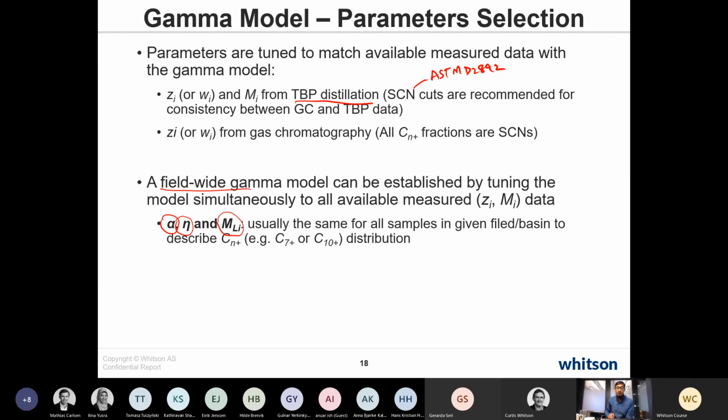So if you have 50 or 100 samples from a given field, we try to have these three parameters the same for all samples, and then the average molecular weight will be different from one sample to another. For example, for gas condensate, it's usually smaller compared to the oils.